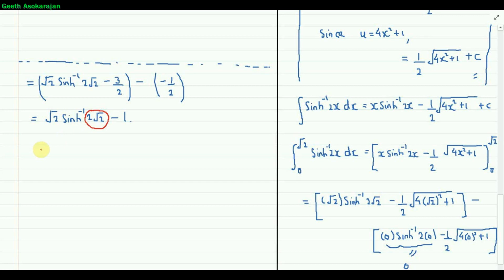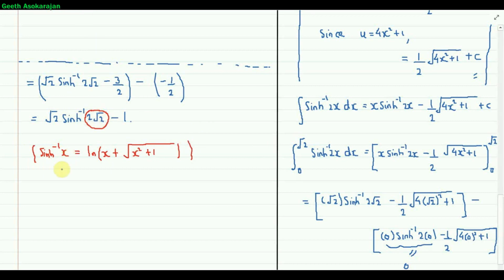So let me write the definition here. So remember, the inverse hyperbolic sine x has the following definition. It's ln of x plus square root of x squared plus 1. So we need to use this definition in order to rewrite our answer above.